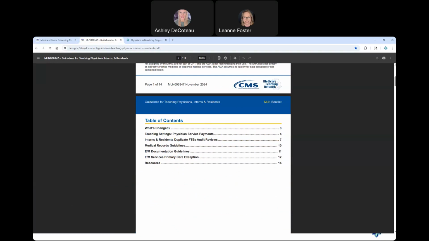And here we see all of the information that's included in this booklet. So you have information on teaching physician settings, there's medical record guidelines, E&M guidelines. I'm going to click on this section for E&M services primary care exception, which will take me right to that section of this booklet.